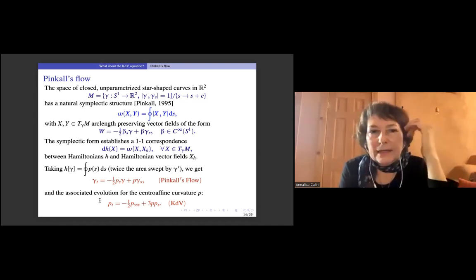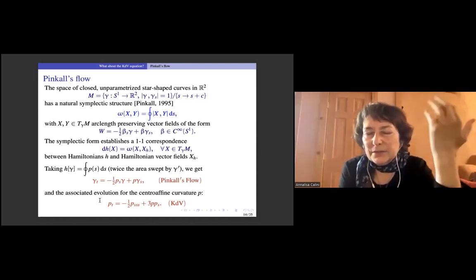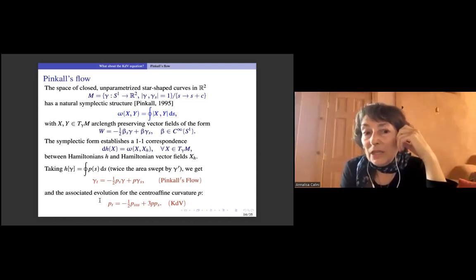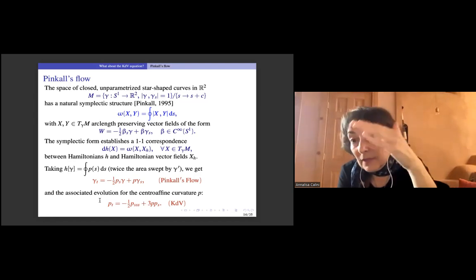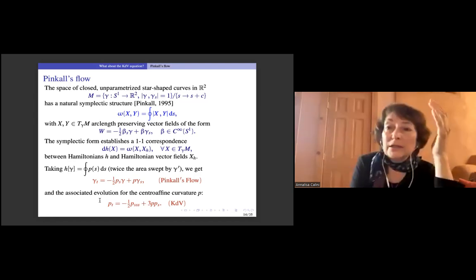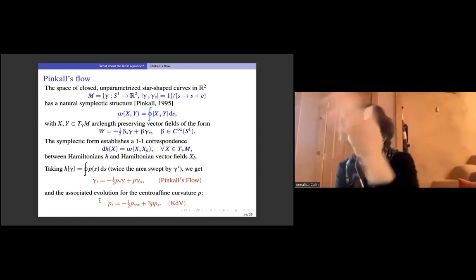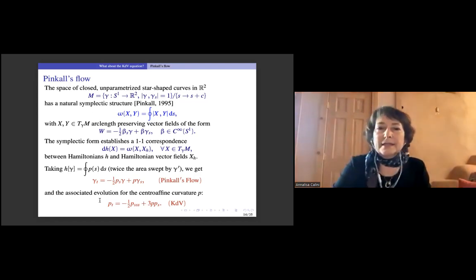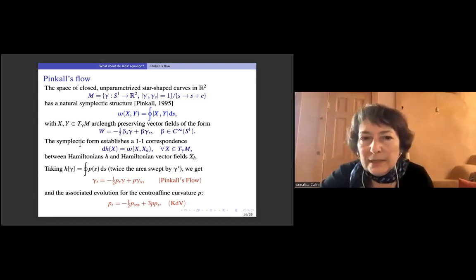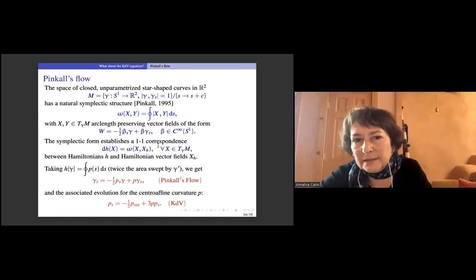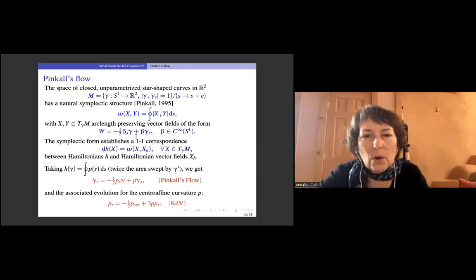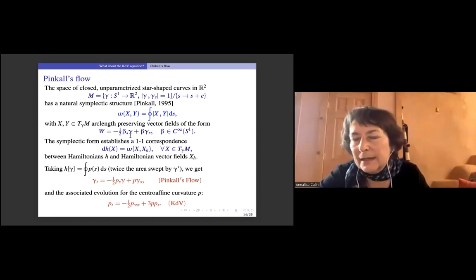Now, every time you have a symplectic structure, you establish a correspondence between smooth functionals, and these would be Hamiltonians, and Hamiltonian vector fields. In this case, the vector fields we're interested in are vector fields that preserve arc length. So they will generically be a linear combination of your curve and the first derivative.